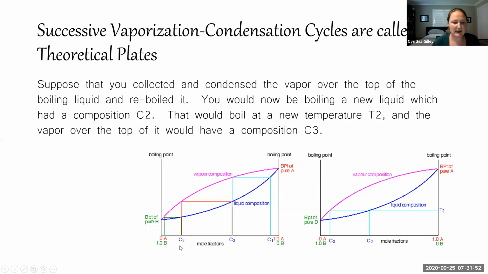And you can keep doing this, right? You could collect that, re-vaporize it, right? Again, collect or condense the vapor coming off of that mixture, and you would see that it has this new composition not labeled here.